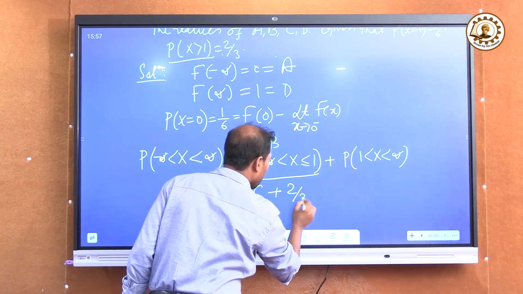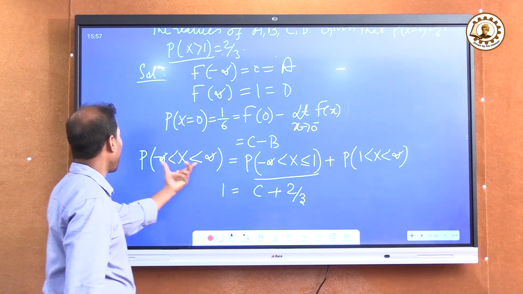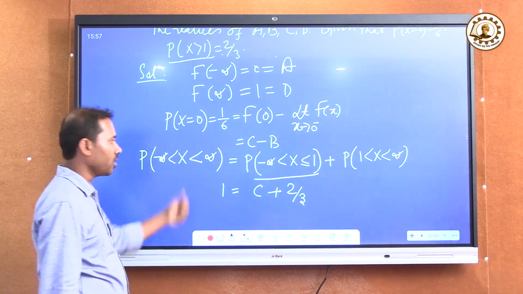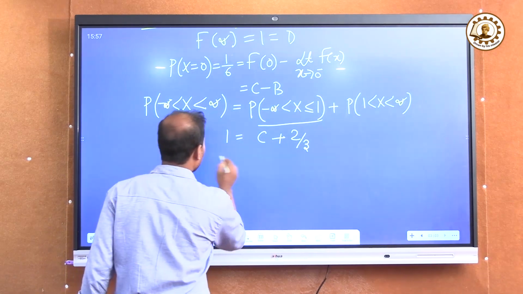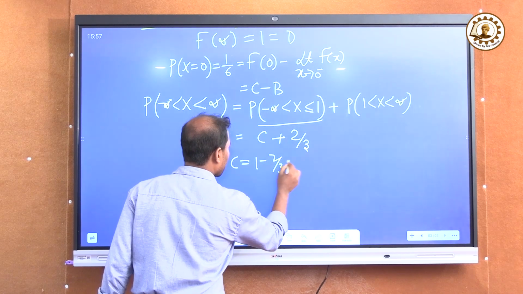The total from minus infinity to infinity is 1, so c equals 1 minus 2 by 3, that is 1 by 3.